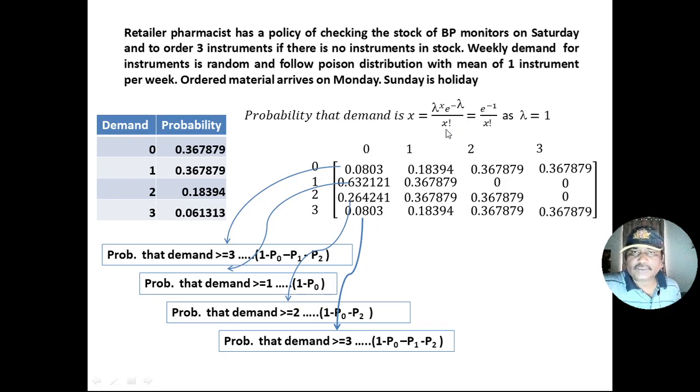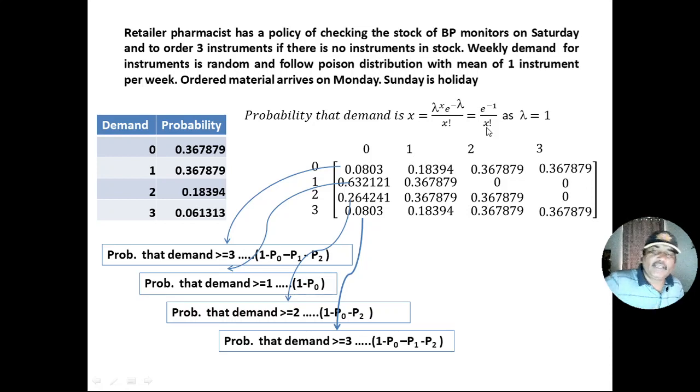Now, the mean demand is 1, so the value of lambda is 1. Therefore, the formula simplifies for us, because 1 to the power anything is 1. So the probability that the demand is x is given by e to the power minus 1 upon x factorial.